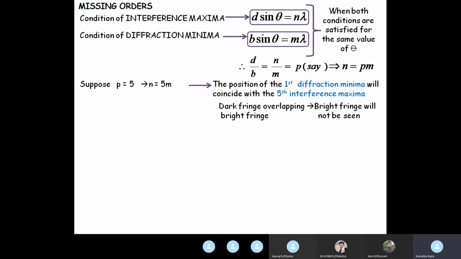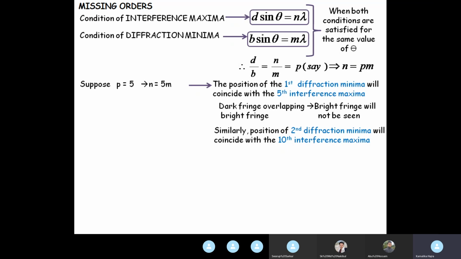Okay. And in the same manner, since this relation is true for the entire pattern, the position of the second diffraction minima will coincide with the 10th interference maxima. So again, where the second diffraction dark fringe is happening, simultaneously there the 10th interference bright fringe is occurring.